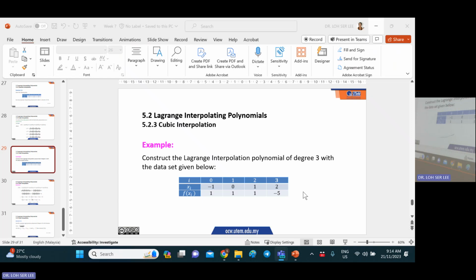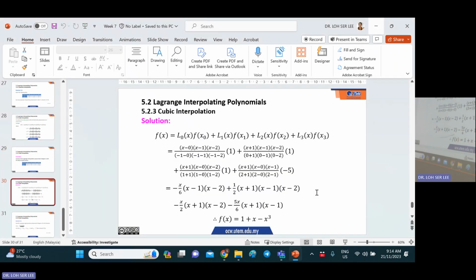Okay, so now we look at the solution. 4 data points, that means 0, 1, 2, 3. Then you need to form your L0, L1, L2, L3. Then substitute all the x0, x1, x2, x3, and also f(x0), f(x1), f(x2), f(x3). The denominator part we can simplify to one value.